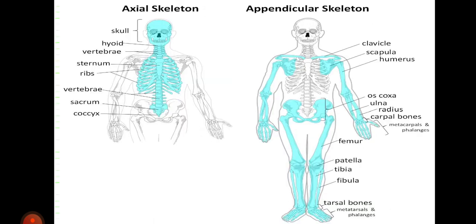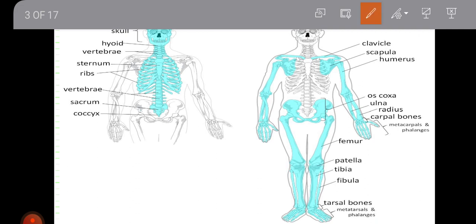The axial skeleton, as I told you, consists of the skull, then this is the thorax part and this is the vertebral column. All the bones of the vertebrae come under the axial skeleton.